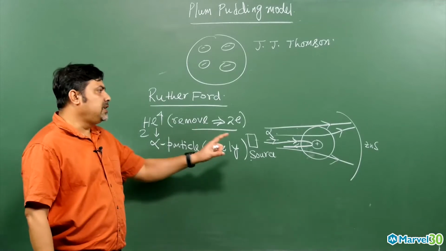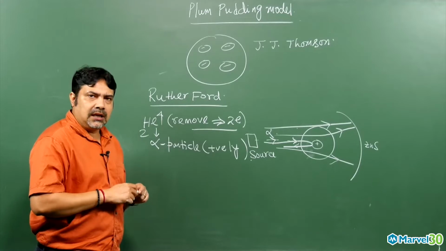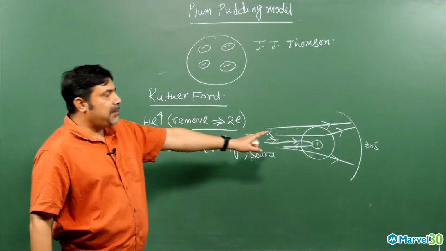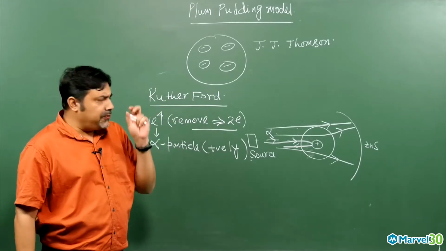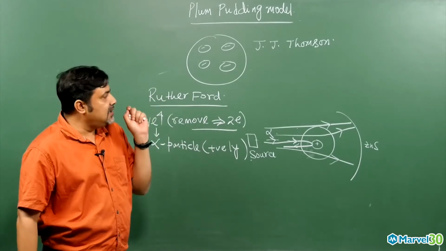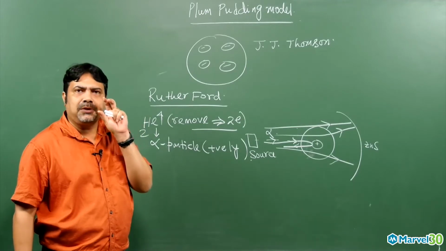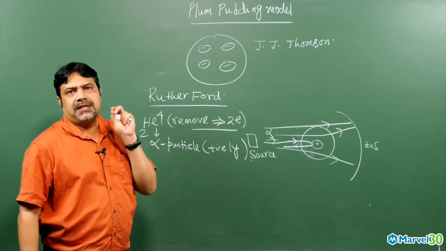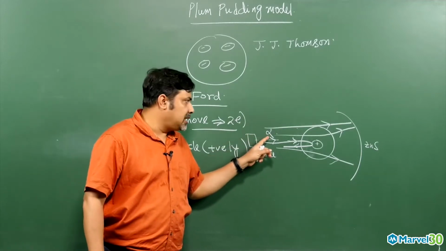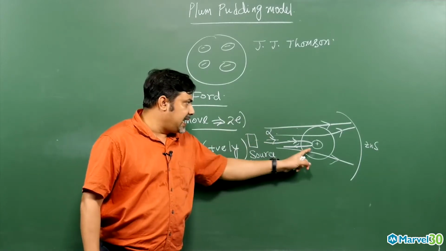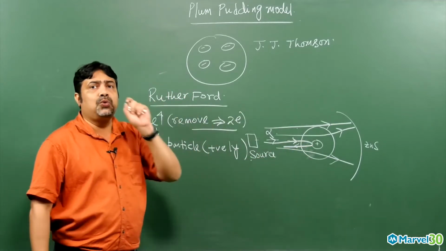So from these observations, what did Rutherford conclude? Rutherford concluded that the maximum part of the atom is vacant, and in a very small part there is positively charged substance. That is why the positively charged alpha particle takes the 180-degree angle and makes a U-turn, one out of 20,000.